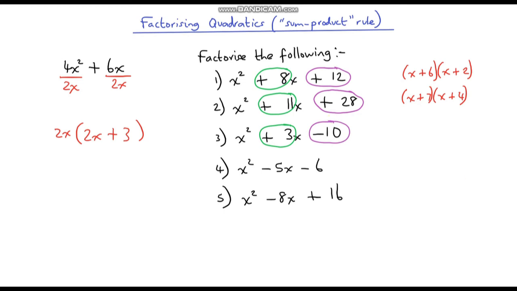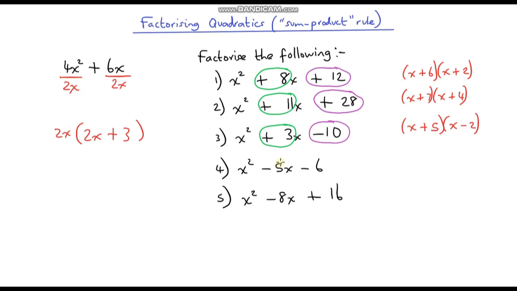We know that one of the numbers has to be negative. And because the sum is positive, the bigger number has to be positive. So we're going to use 5 and 2, because 5 times 2 is 10, and it's going to be +5 and -2. So x plus 5 multiplied by x minus 2. And again, you can check all of these by expanding the brackets.